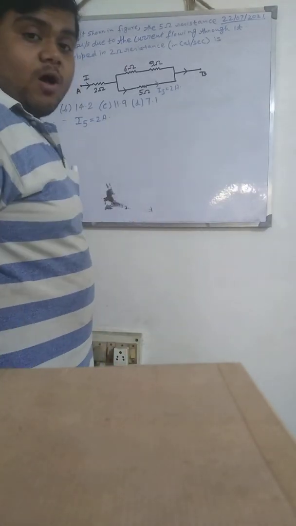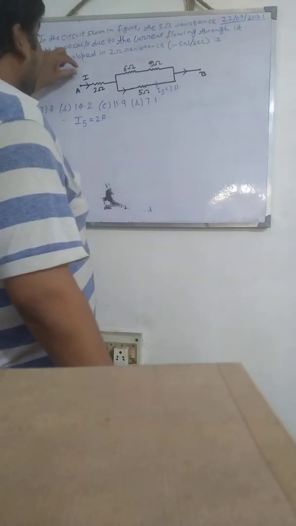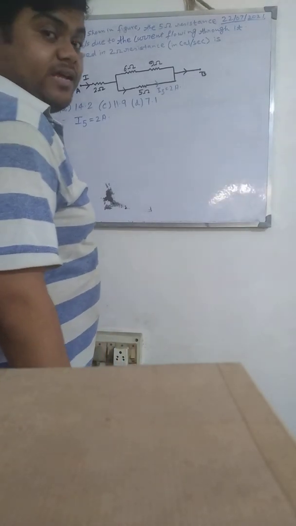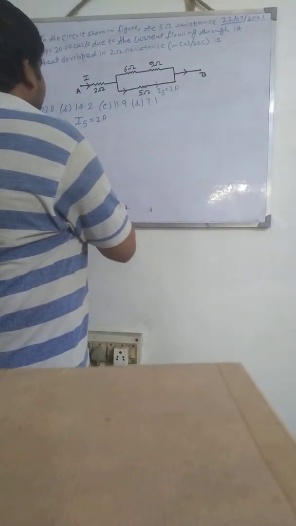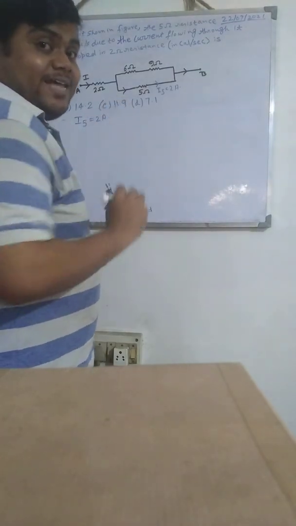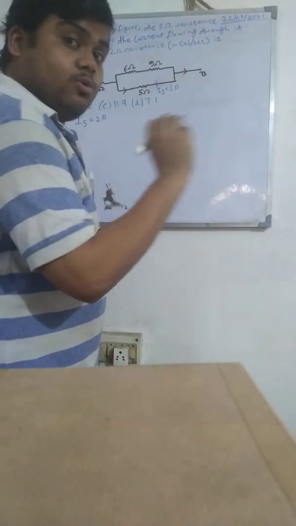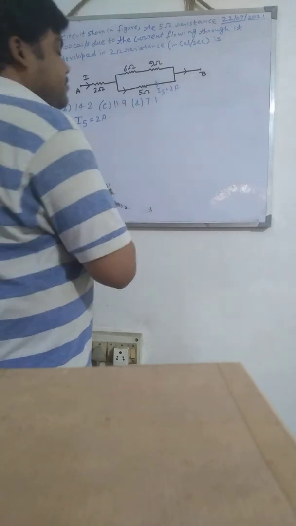Now our next job is to calculate this current I, that is the main current. In order to calculate that, we will use current division rule.